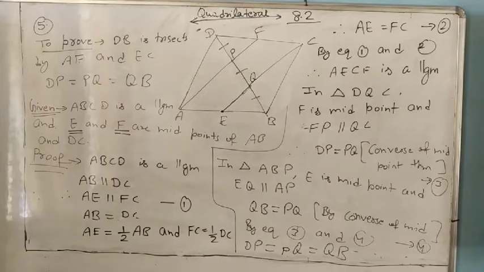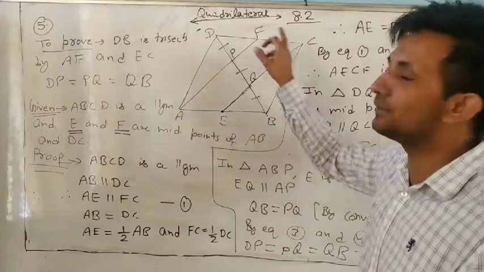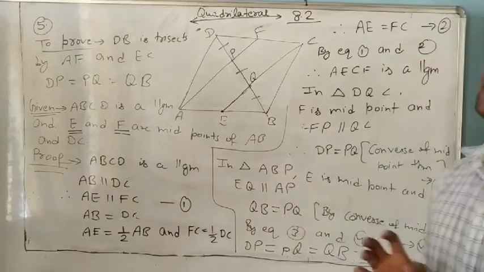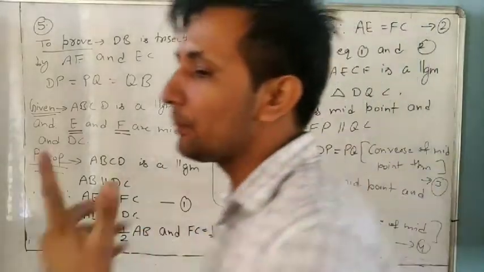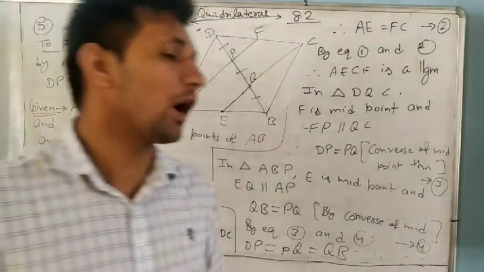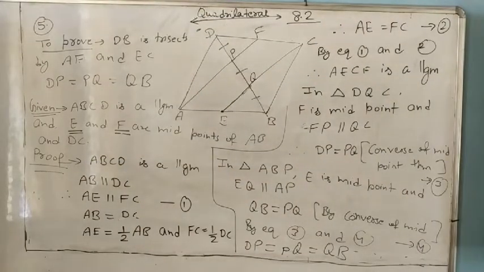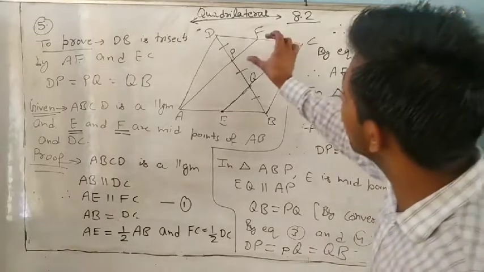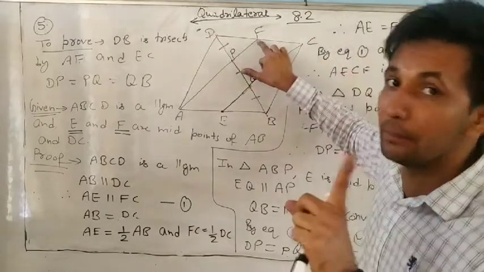Understand it? First we proved that AECF is a parallelogram. Why? Because if we want to use the converse of the midpoint theorem or the midpoint theorem, we need two midpoints. But here in triangle DQC there is only one midpoint.